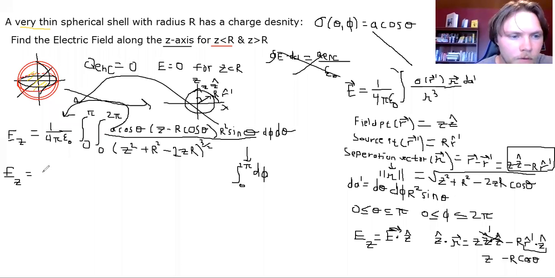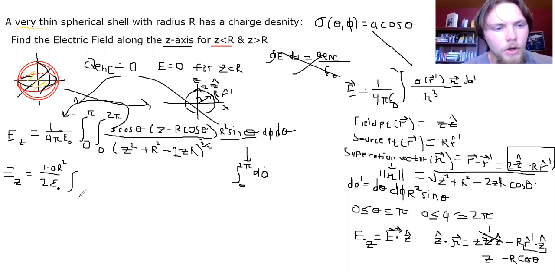So you have 1/2 epsilon naught, and on top, a times r squared. And now this is a single integral from 0 to pi.